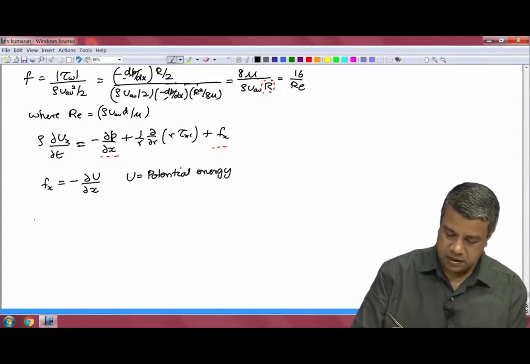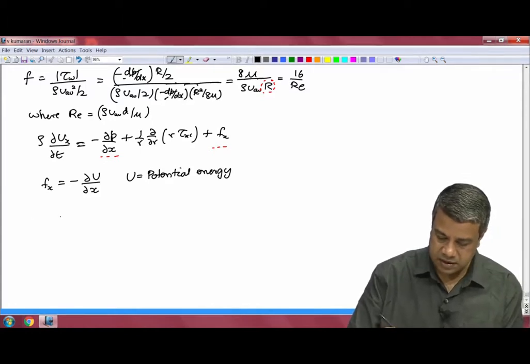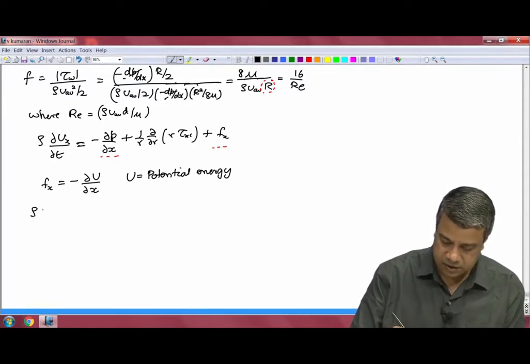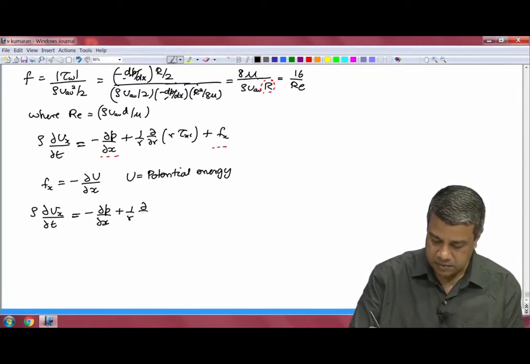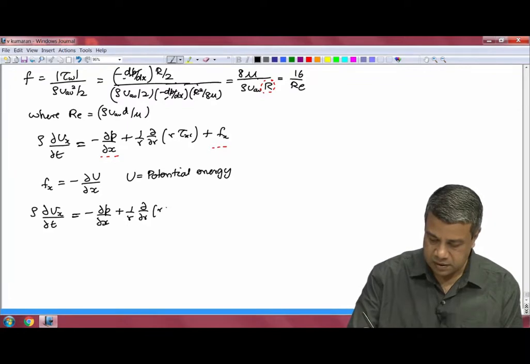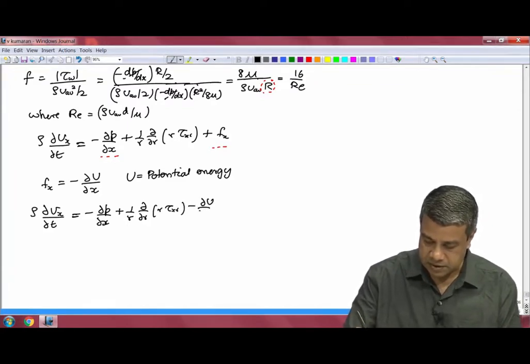then in this equation I can substitute rho times partial V x by partial t is equal to minus partial p by partial x plus 1 by r d by dr of r tau x r minus partial u by partial x.